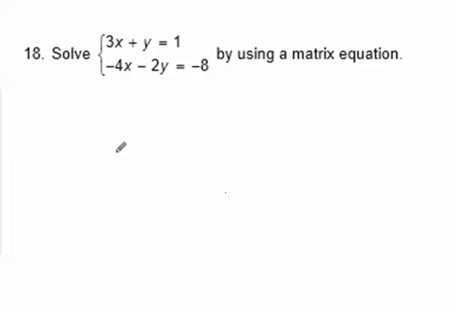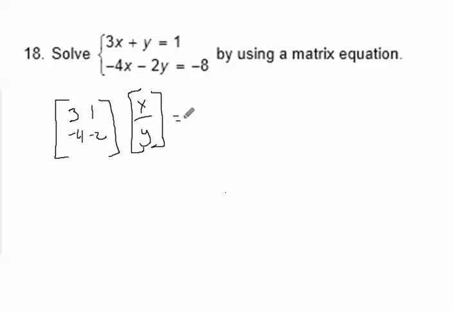Now, to do this, what you can do is set this one up with matrices 3, 1, -4, -2 times x, y will be equal to 1, negative 8.